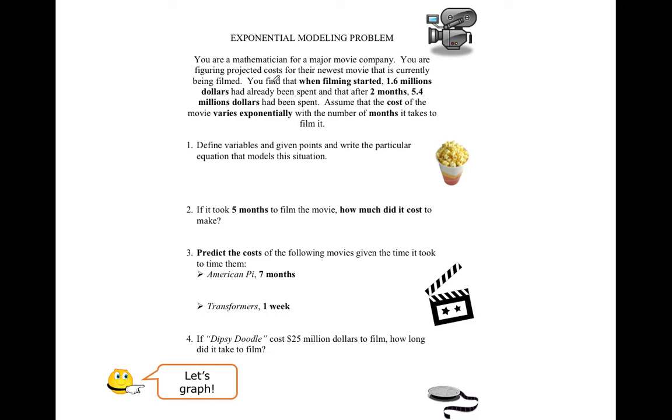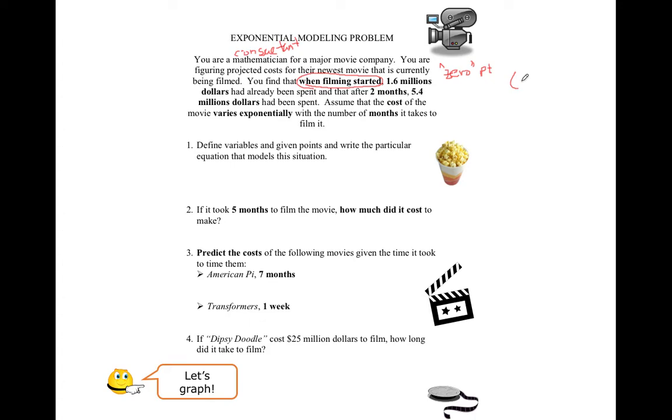So this is actually called a consultant, right? This is what consultants do. So I'm figuring projected costs for the newest movie currently being filmed. Notice what I made. Now, I'm not going to bold this on the test. You find that when filming started, that's what I call the 0 point.